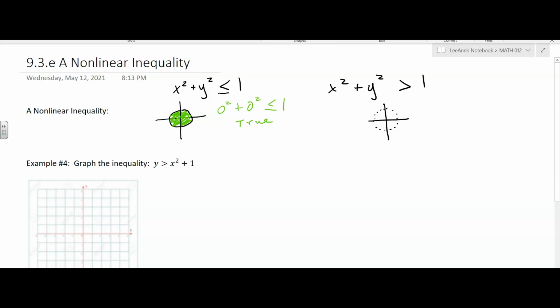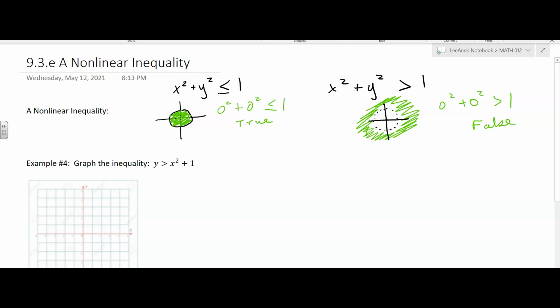Okay, so there's a dotted circle with radius 1. You can pick the point 0, 0 and try it, but you'd get 0 squared plus 0 squared is greater than 1. That is false. So you're not going to shade inside the circle. You're going to shade outside the circle. So you just kind of do your best on the shading, but it would look like that.